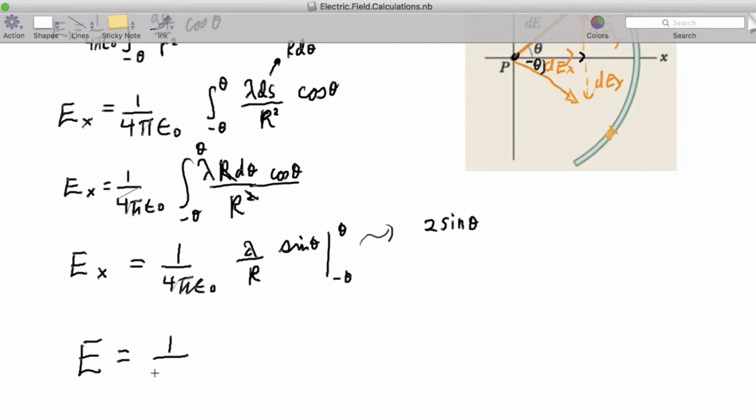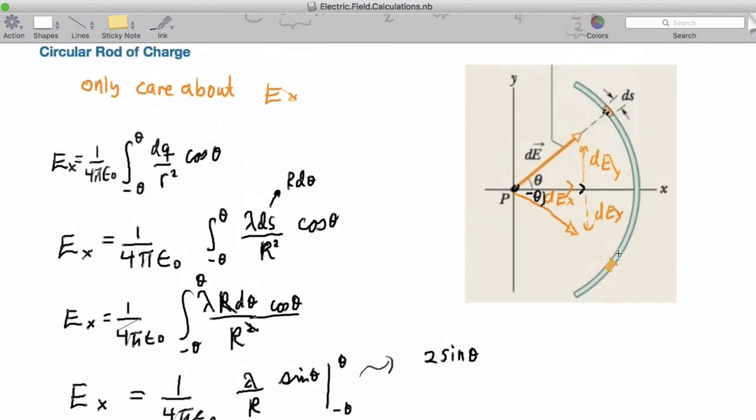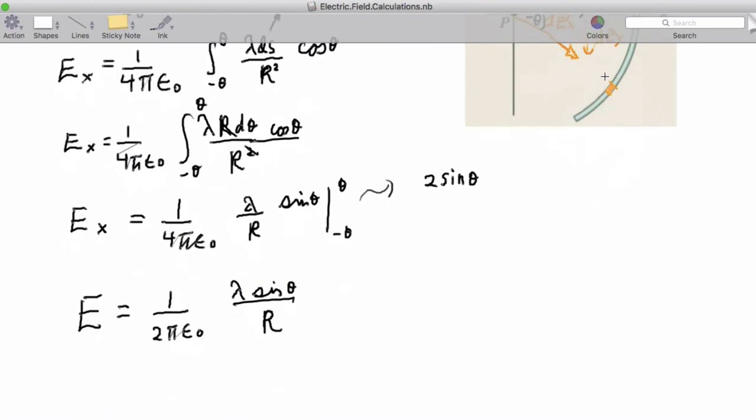So this actually leads this to being 1 over 2 pi epsilon naught lambda times the sine of theta all over r. All right, so that is it for the chunk of ring or chunk of circle or circular rod of charge or whatever you want to call that thing, this is the field.